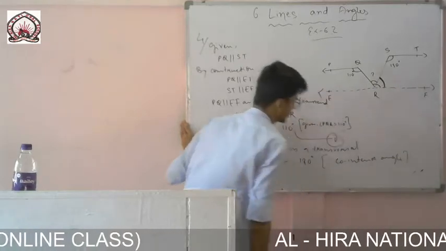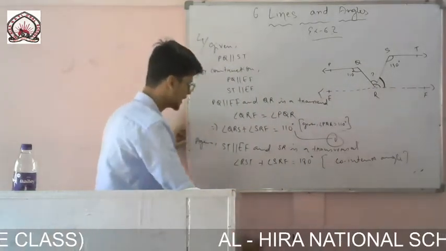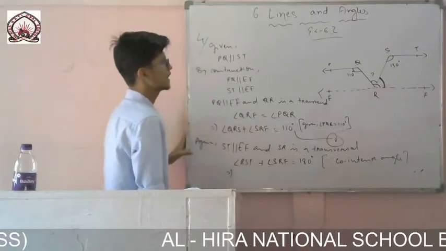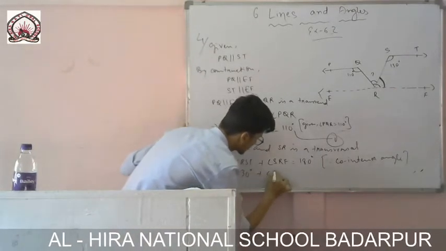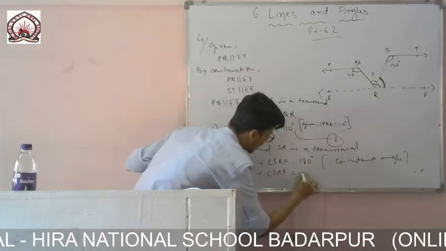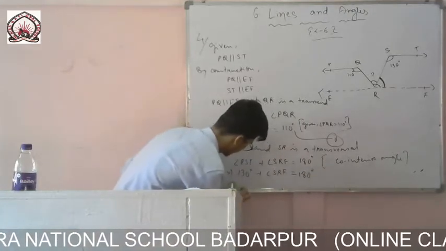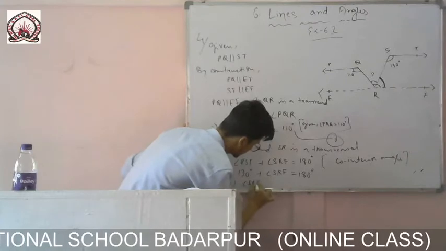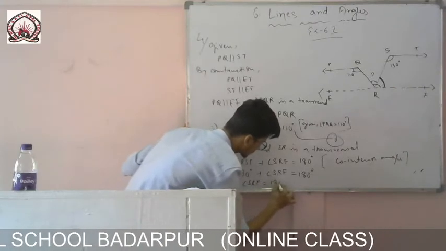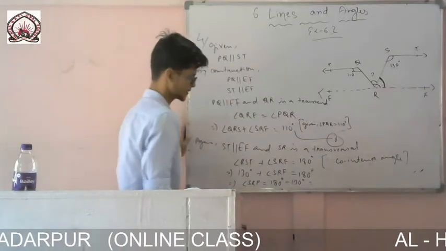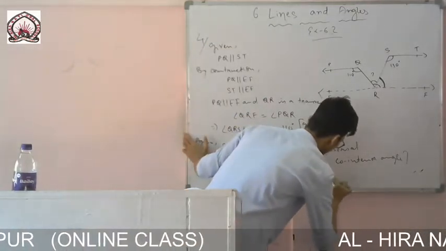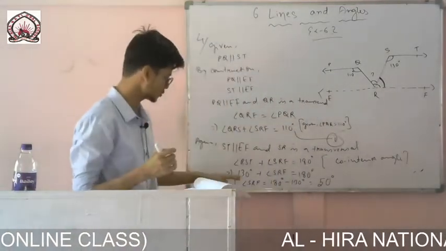We know the sum of the co-interior angles is 180 degrees. RST is given as 130 degrees, plus angle SRF equals 180 degrees. So angle SRF will be 180 minus 130, so it will be 50 degrees. Hope it is visible to you.